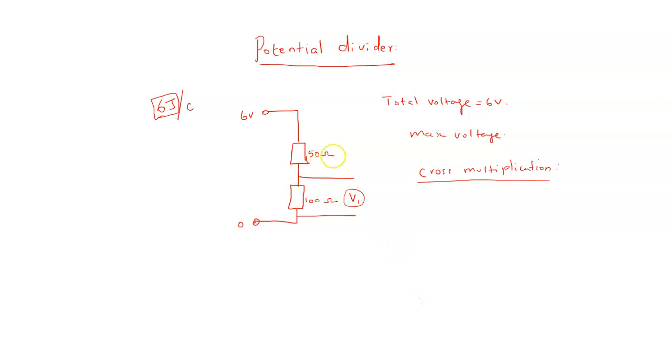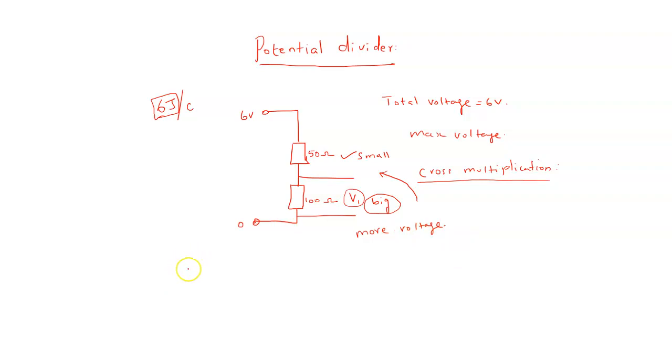Now you see 50 ohm is a smaller resistance, and this 100 ohm is the bigger resistance. The big resistance will take more voltage, and the remaining voltage will be given to the 50 ohm resistor.